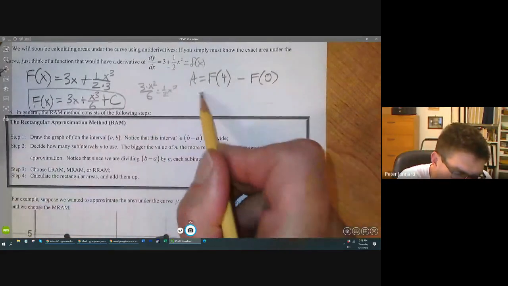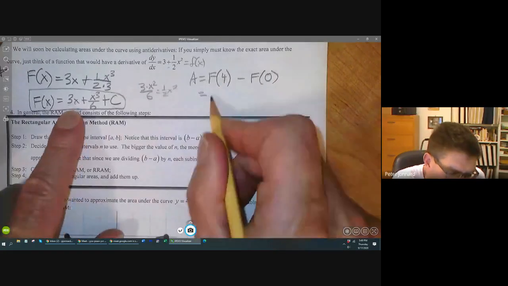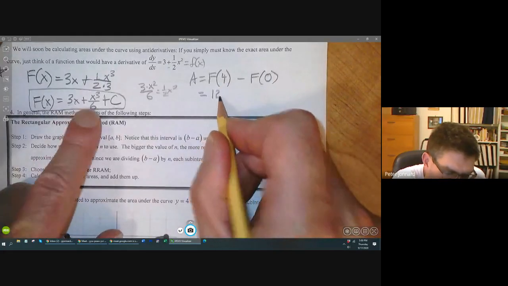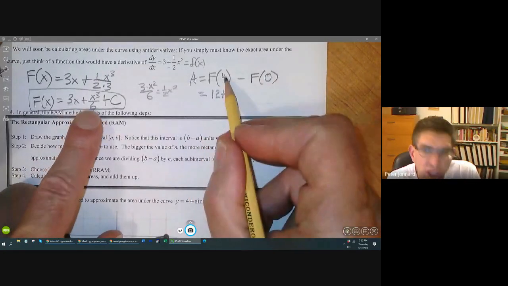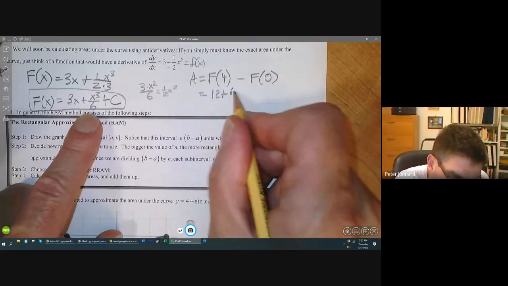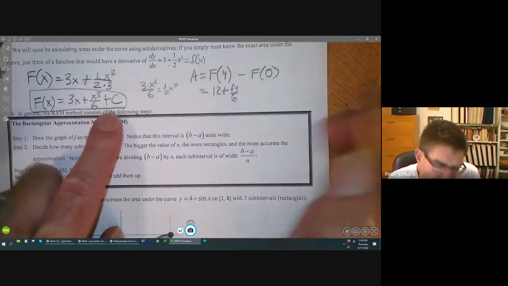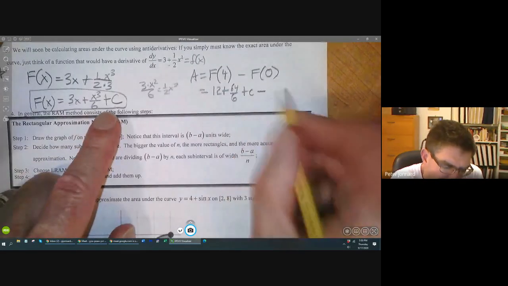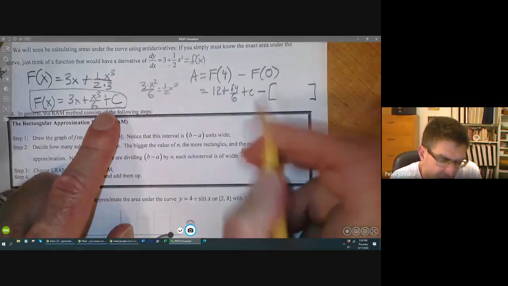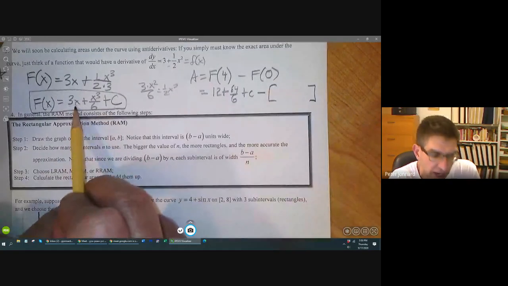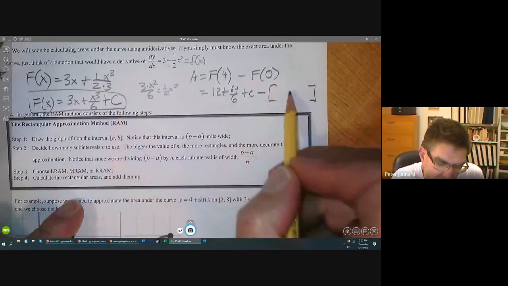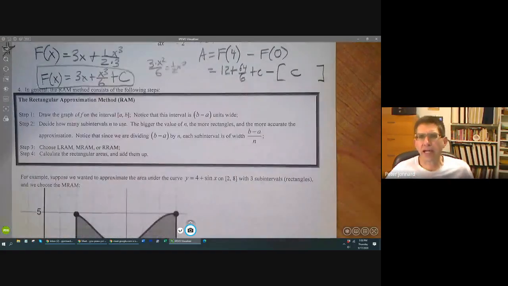And this is the exact answer. So you just put a 4 in here. That would be 12 plus 4 cubed is 64 sixths plus c, minus, and now you have to put in a 0 in here. Well, that's not too bad. You put a 0 there and a 0 there, and you just end up with c, okay? And what's kind of cool about this is those c's cancel.